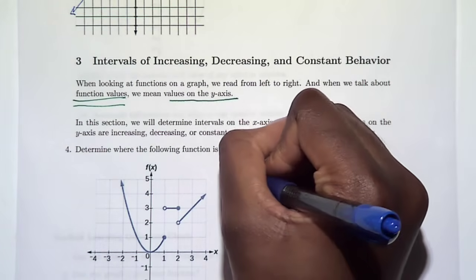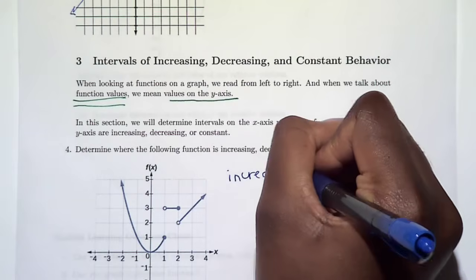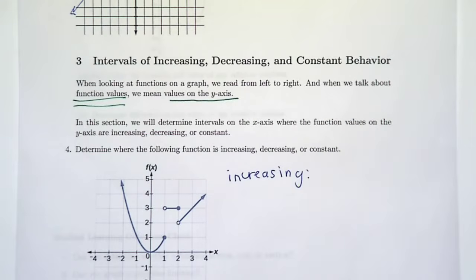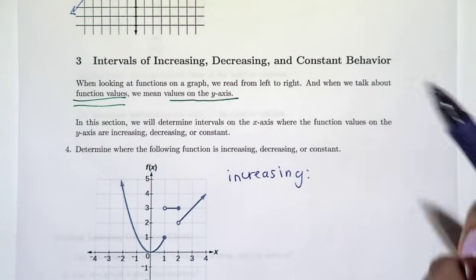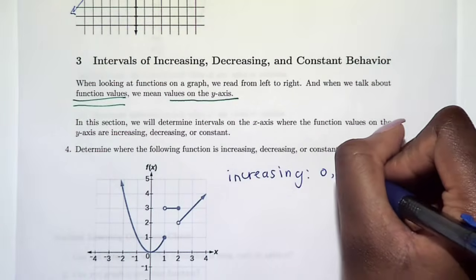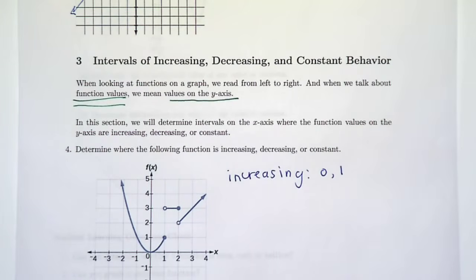All right, so let's start with increasing. So when we read from left to right, we're going down, down, down, up, now we're up. All right, so that means we're increasing between 0 and 1. Okay, so in the math world, it's debated. Do we do closed intervals, open intervals?